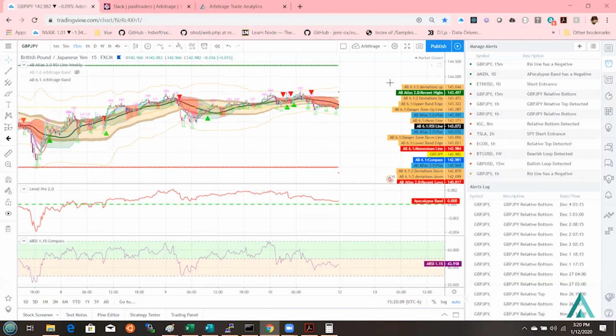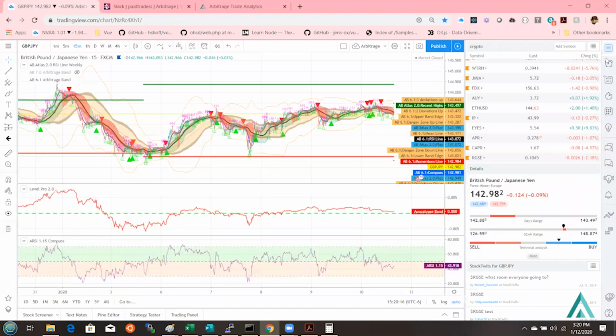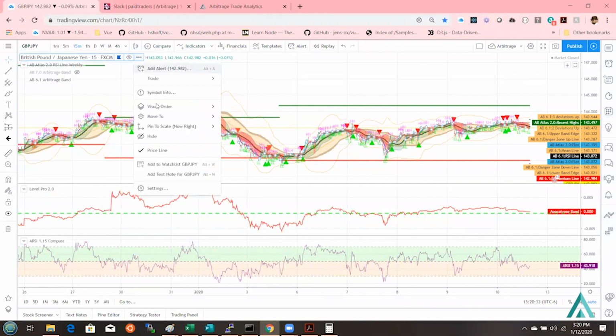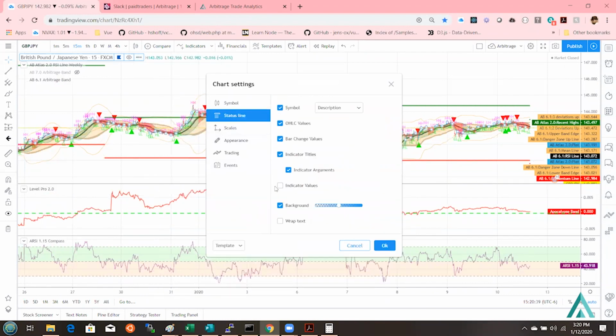Also, if you're using the system and your charts are cluttered with too much stuff, personally, I like simple and minimal as possible. I can hit the little arrow next to this to hide these. And when you unhide them, if you still see a ton of numbers here that you don't want, you can click on the little ellipsis here, click on more, go to settings, and then go to status line, and you can hide those values so they're not cluttering up your chart.